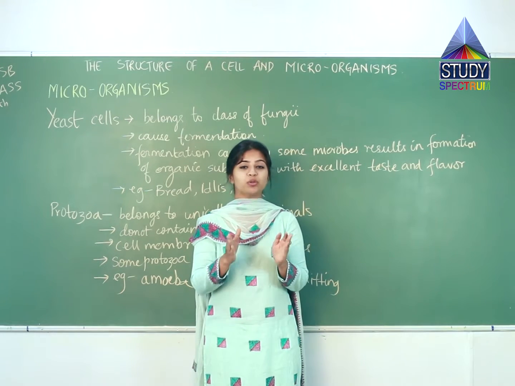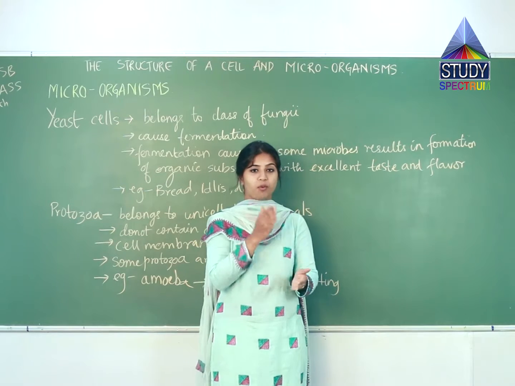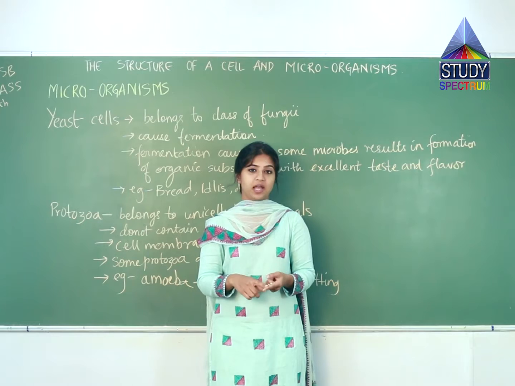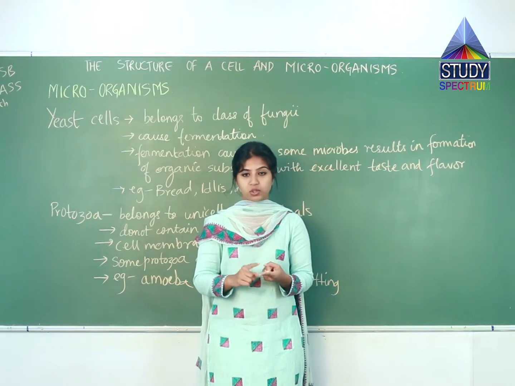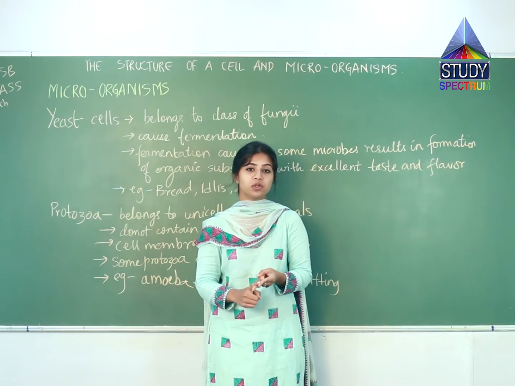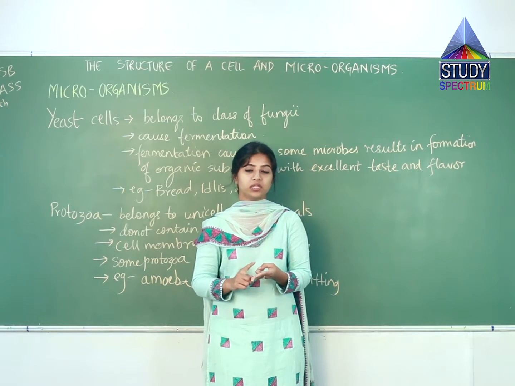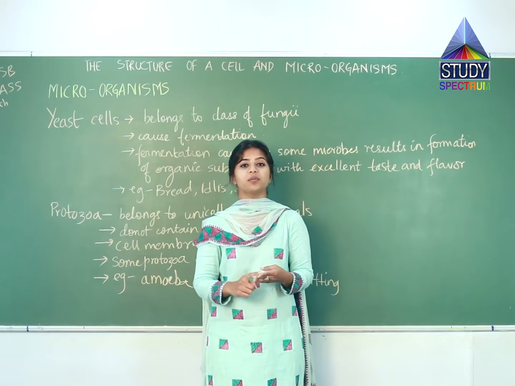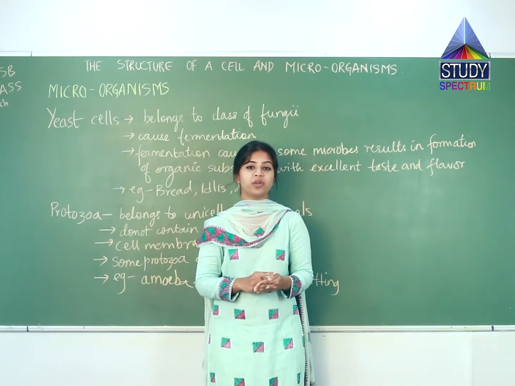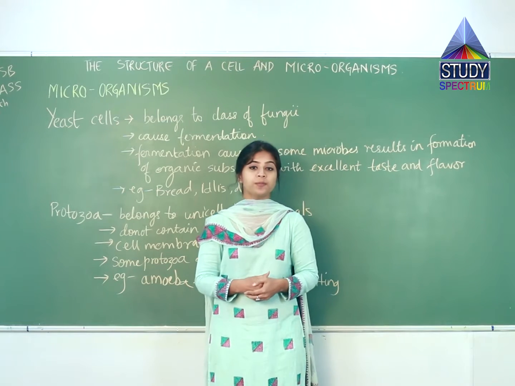Now we'll discuss the common organelles present in both plants and animals. We found that plant and animal cells had the nucleus, vacuoles, Golgi bodies, mitochondria, cell membrane and cytoplasm in common.